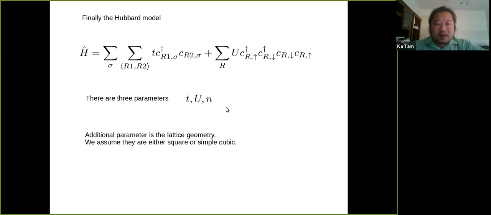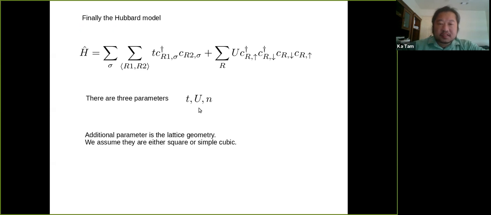There's another parameter which is not explicit in the model, the lattice geometry. It plays an important part. Some lattice geometries can give you very different physics, but unless said otherwise, we will assume our lattice is either simple square or simple cubic. We don't consider one dimension, since 1D is also a special case.